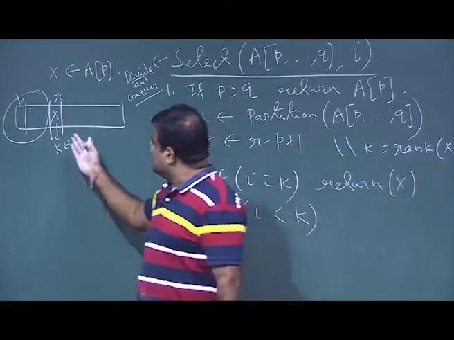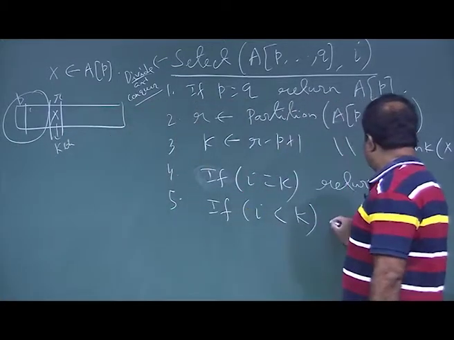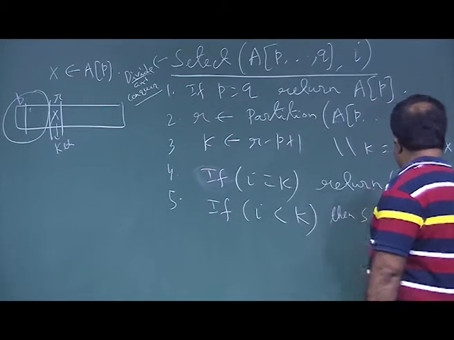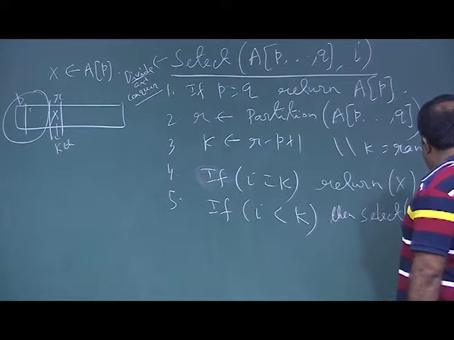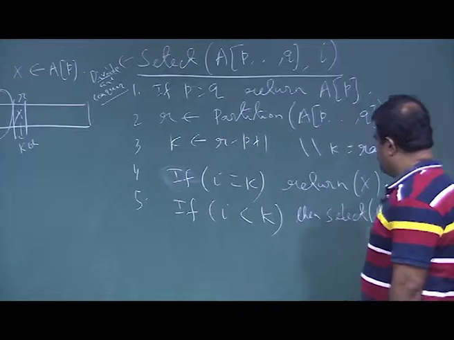So if i is less than k, then again we call select on the left sub array, P to r minus 1, with this i.